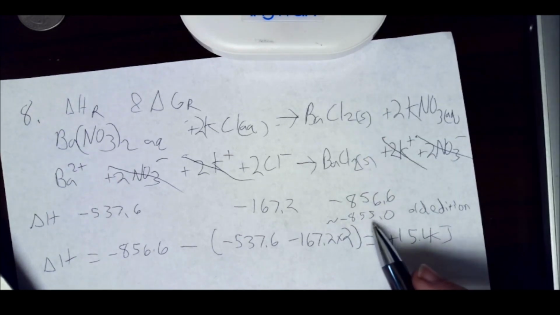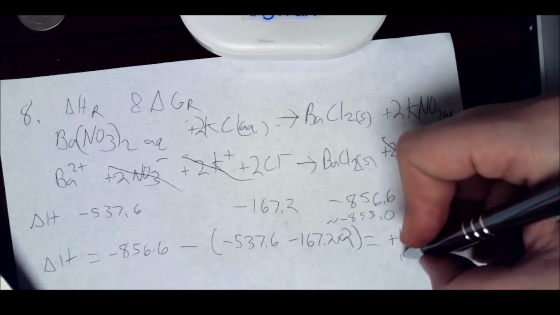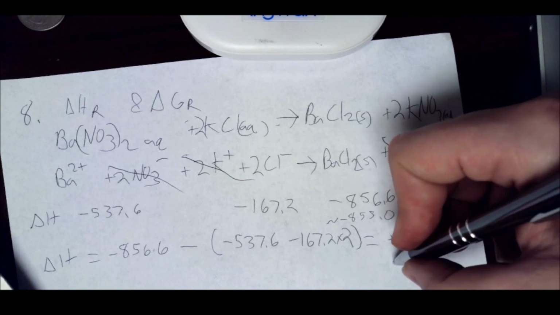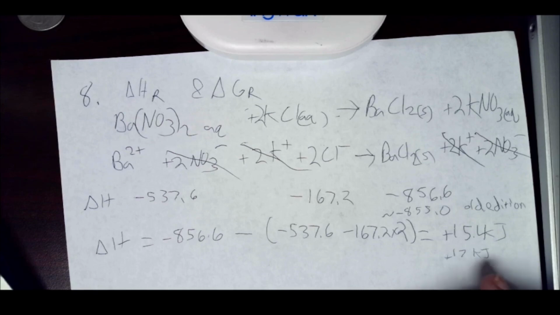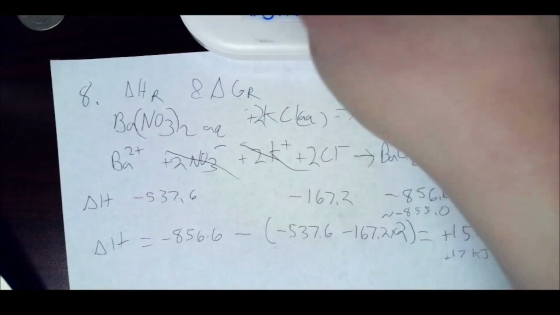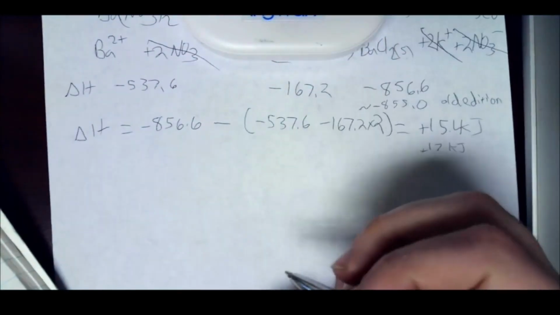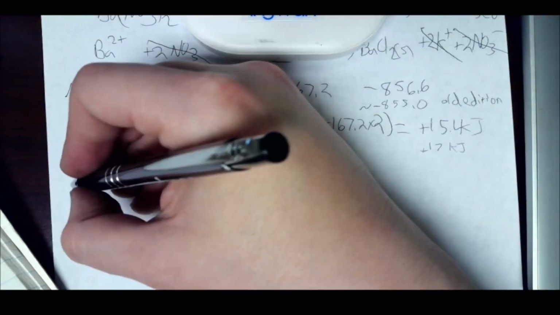However, if I'm using 855 instead of 856.6, you would get 17 kilojoules, which is what they give you in the back of the book, which is really frustrating when you're like, how are they doing that and getting different numbers than me? I don't know how. Thankfully, I have more than one edition of the book. And if you use even a different edition, a different textbook with slightly different delta H values, once again, you're going to get a different value. I think I got 13 some odd kilojoules. So, well, yeah, it's just foolish.